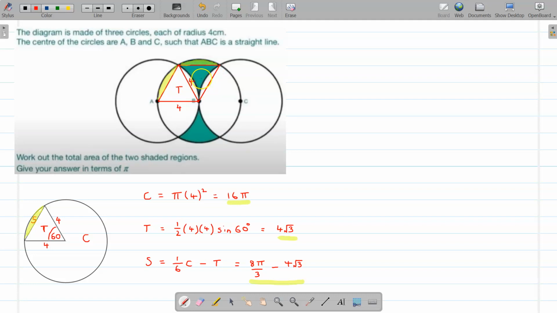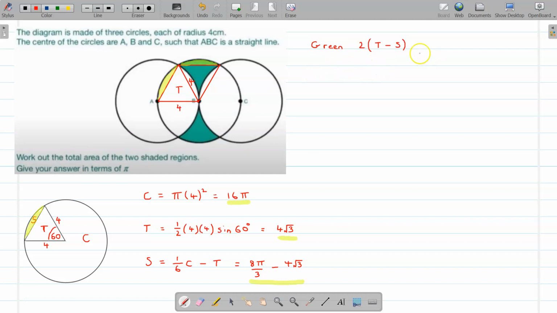And because I have two of those green bits, top and bottom, I just double it. So the green area is simply going to be 2 lots of the triangle minus one of the segments.